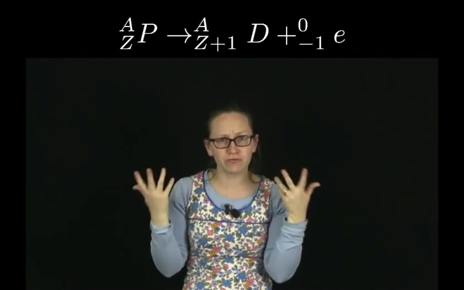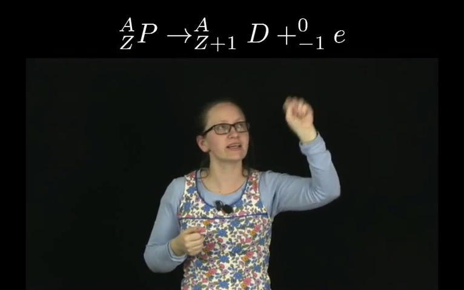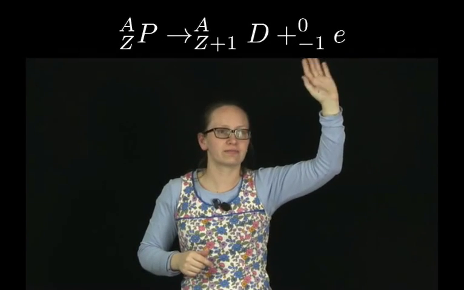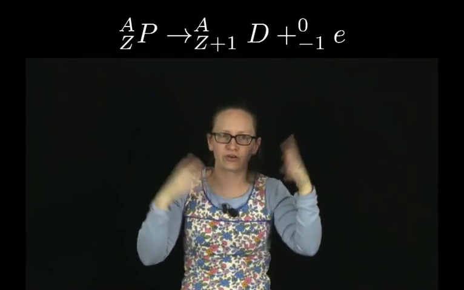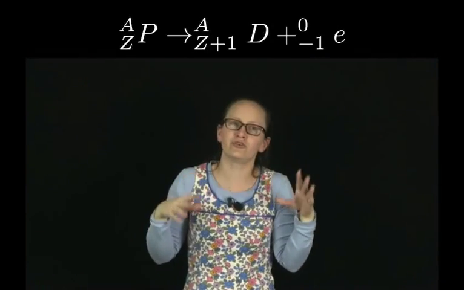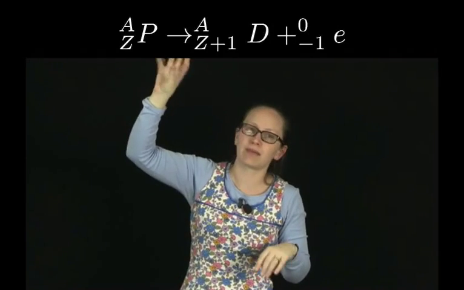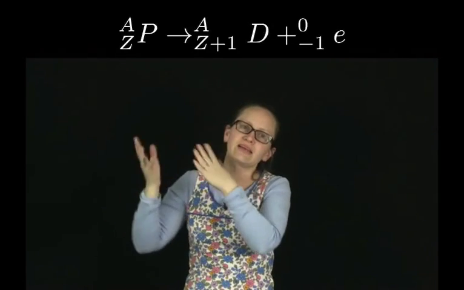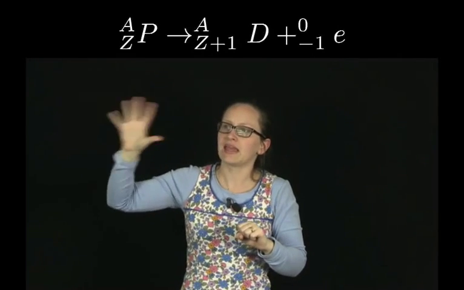So the general formula for beta decay is that we have some parent nucleus with symbol P, atomic number Z and mass number A, and this decays into some daughter nucleus with symbol D, mass number A and atomic number Z plus 1, plus the beta particle with symbol 0, minus 1, e.